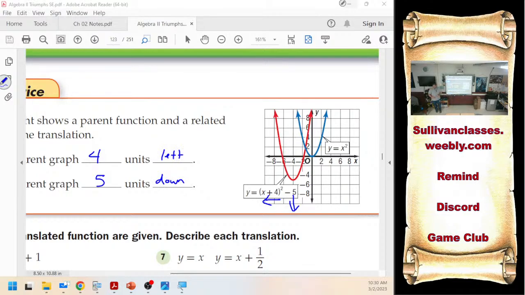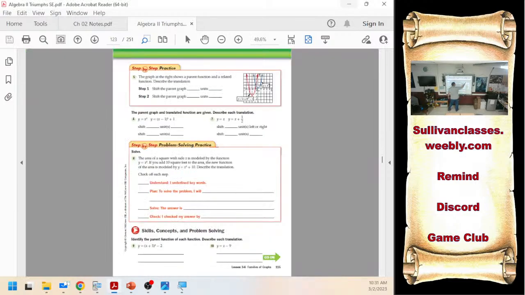Easy enough? As long as you got that cheater written down, it's not a cheater, it's notes. If you have your notes with the arrows on there, you're just telling yourself how to do it. It's just looking for the pattern, looking for what's different about this one versus the original.